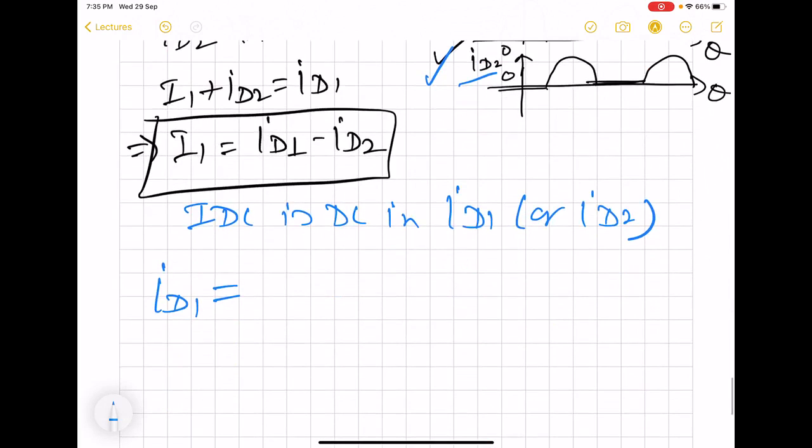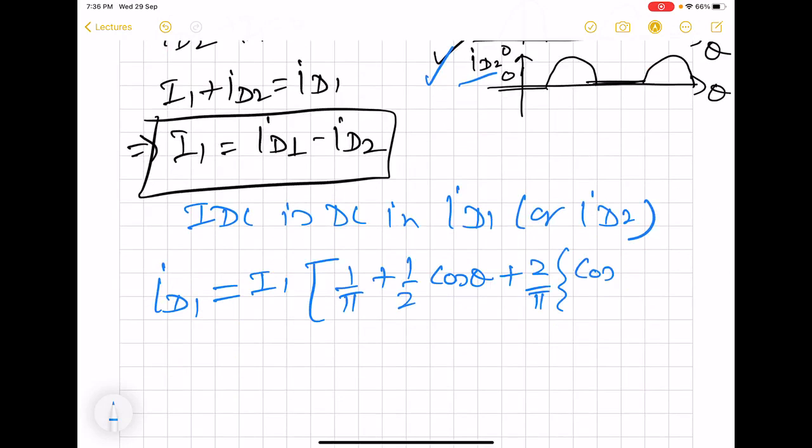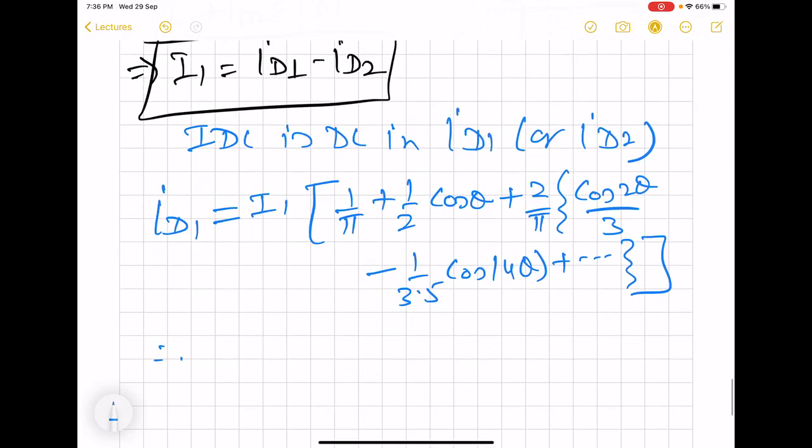So here ID we know is going to be I1 into 1 by pi plus 1 by 2 cos theta plus 2 by pi, all the higher even harmonics. Therefore, IDC is I1 by pi.